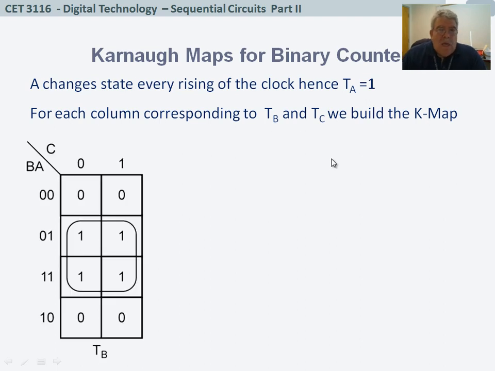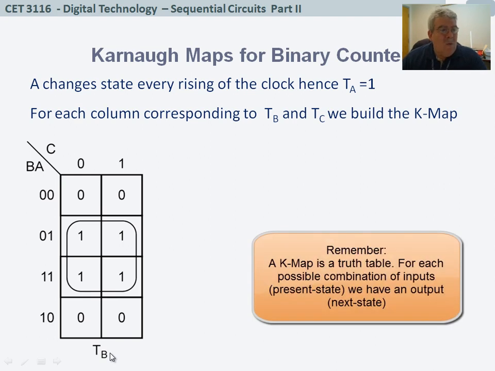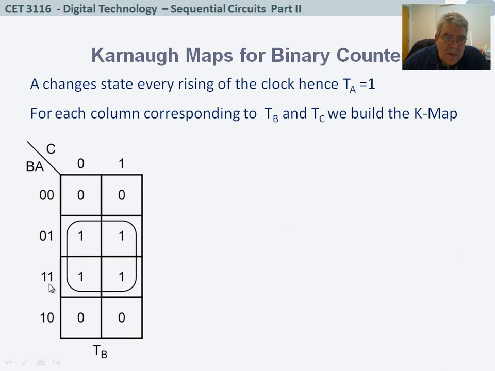So this is the T input for B. Now, how do we figure this out? If you look at the table, imagine that the present state is given simply by the values of C, B, and A. Those are the present state.